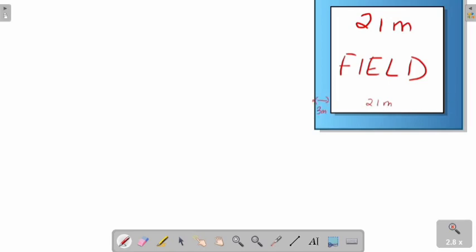This is given to be 3 meter. So similarly this width is going to be 3 meter. So altogether from here to here is how much? It is 21, plus 3, plus 3, which is equal to 27 meter, right?